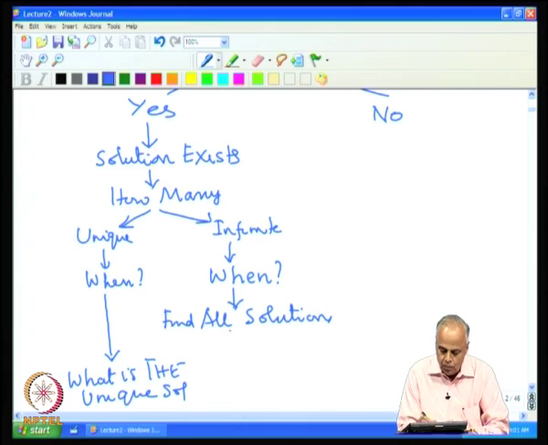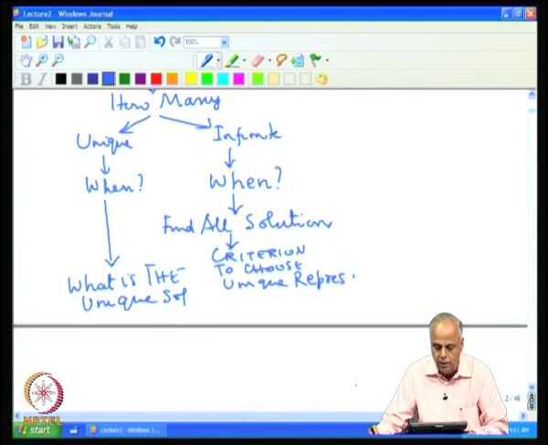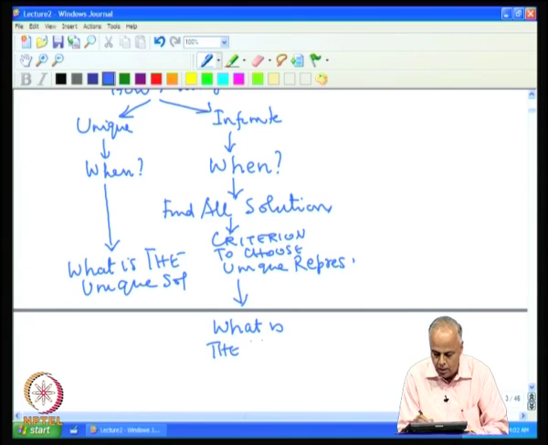So, we must have some criterion to choose a unique representative. Among the solutions, we must be able to choose a unique representative solution. Now, once we have this criterion, the question we ask is, what is the unique representative solution?